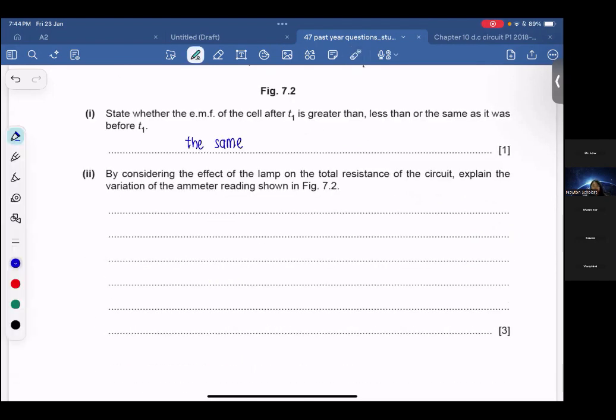Step by step, type your answer and tell me why before T1, what happened to your current? Current is constant. Can you explain why current is constant? Current is always related with what? What is affecting the current, dear?